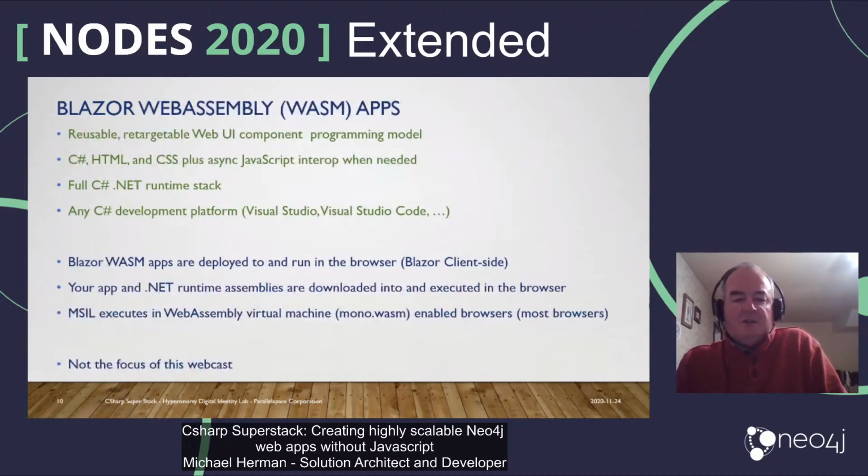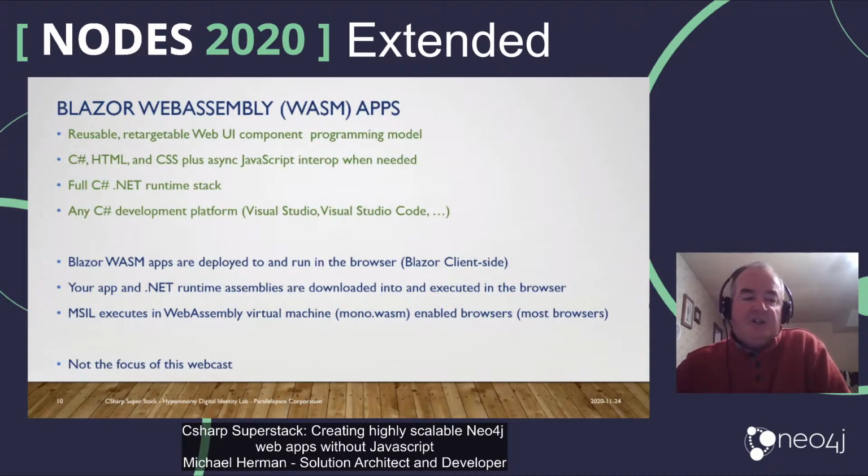So just one slide on WebAssembly. The top four bullets here are the same both for WebAssembly and for the server hosting models. Again, a reusable, retargetable web UI component programming model based on C#, HTML, and CSS with JavaScript interop. You have the full C# .NET runtime stack. It's actually running the Mono .NET runtime environment in the browser. That's the only part of the code that's actually compiled into WebAssembly, mono.wasm.